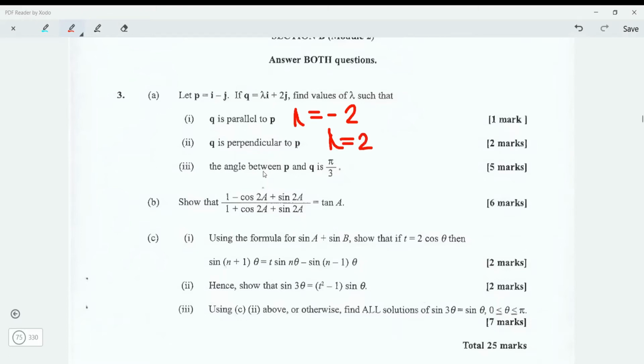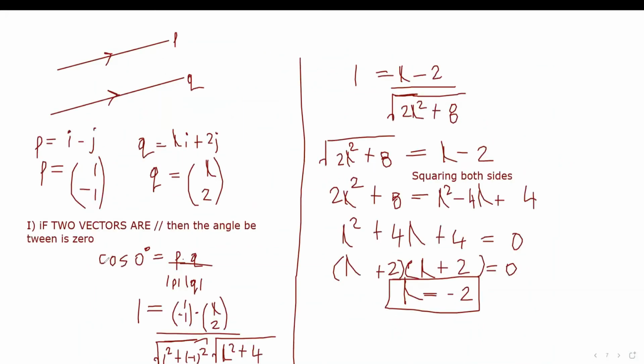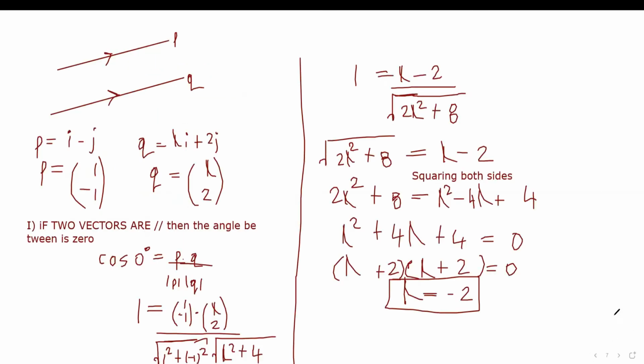Now this one says the angle between P and Q is pi by 3. So all we're going to do, Marika, is instead of set the angle to be 0 in this formula, set it to be pi by 3. So then now, when the angle between them is pi by 3, we know that the cos of pi by 3 is going to be equal to, we already know P dot Q is lambda -2.